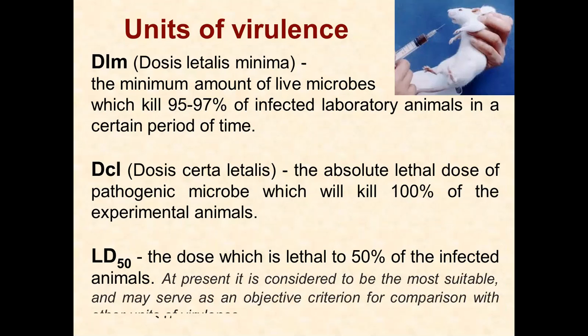But mostly we use the indicator LD50, the dose which is lethal to 50% of infected animals. And this indicator is mostly used to compare the virulence of different bacteria or viruses.